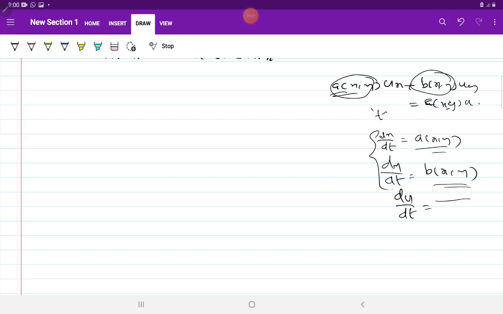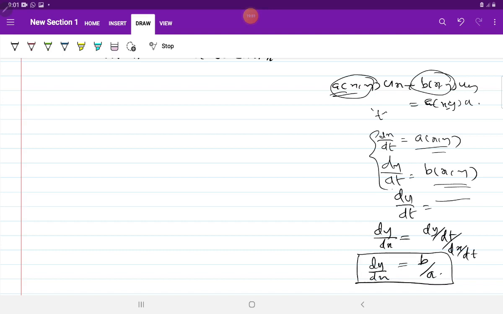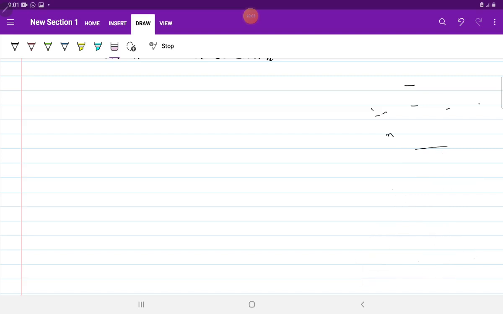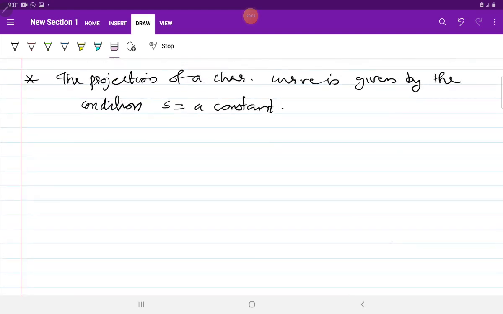From the first two equations we can write dy by dx, which means dy by dt over dx by dt. So dy by dt is b and dx by dt is a, so dy by dx equals b by a, both being independent of t. Solving this first order equation we will get the required characteristics.